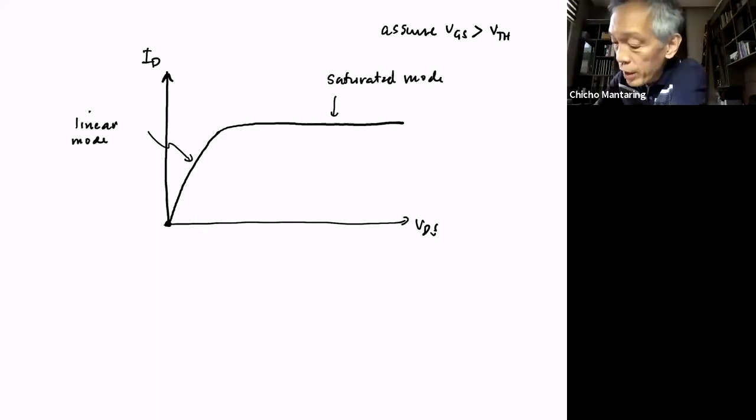The saturated mode is when further increasing VDS will not cause an increase in I sub D. The linear mode is when it is acting similar to a resistor. So you sometimes also call this resistance mode.